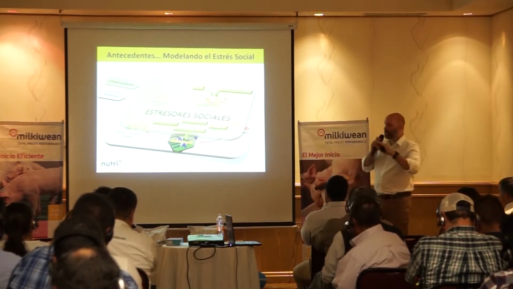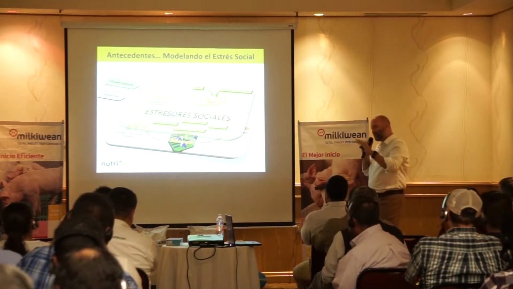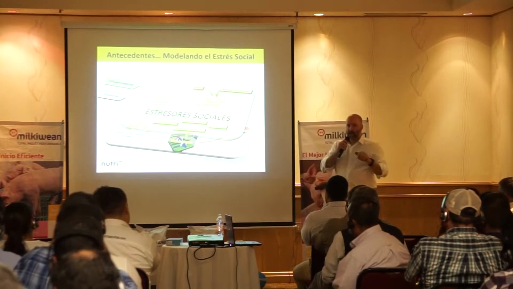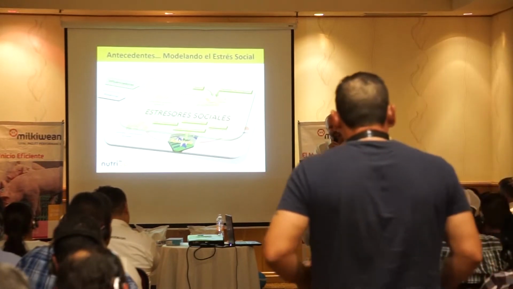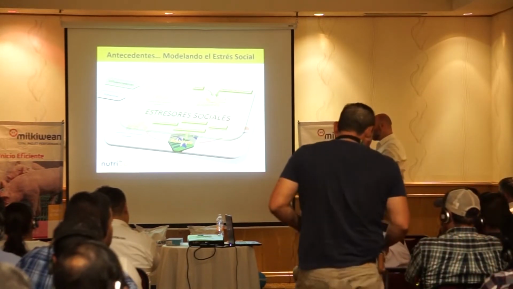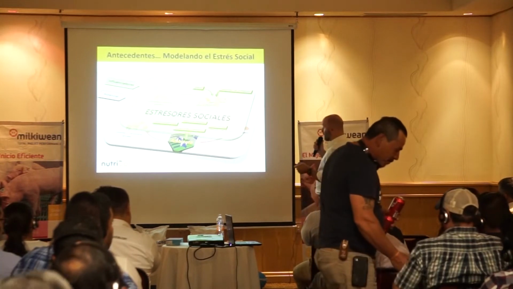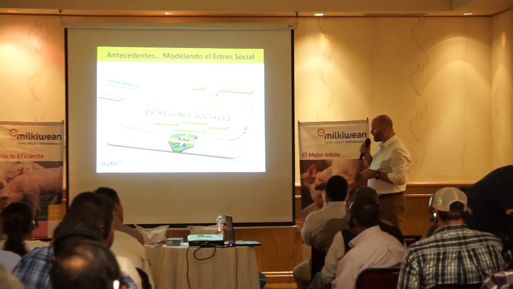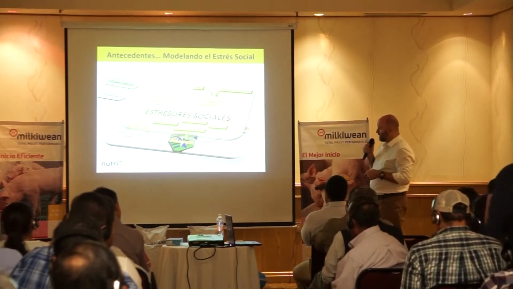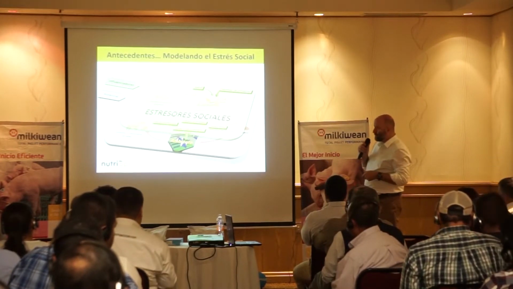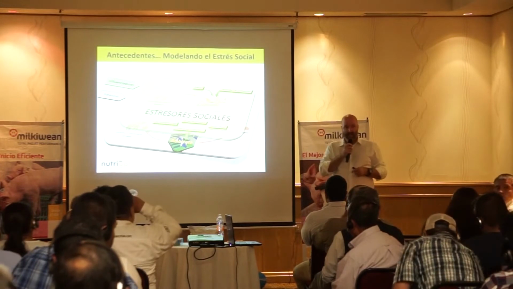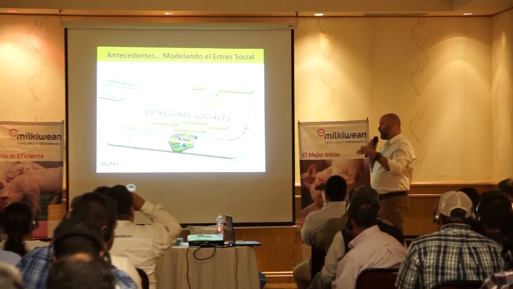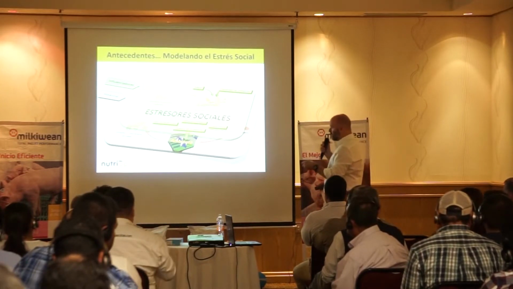Again, we know that this is a perfect environment and it doesn't necessarily exist. So when we have influencers, we have items that will have a negative influence, if you will, on the ability of those pigs to grow. So there's health, there's population density, animal space, feeder space, the feed itself, and all of these are going to have an impact on the ability of the animal to express its potential.